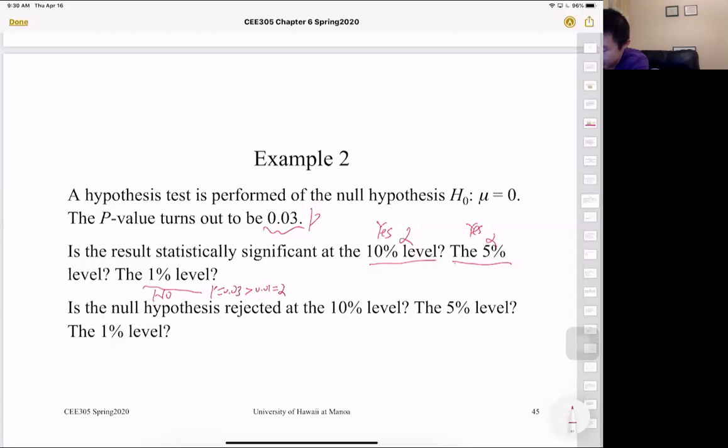Is the null hypothesis rejected at 10%? Yes. At 5%? Yes, but not rejected at the 1% level. So in summary, if p is less than alpha, then we say it is statistically significant.